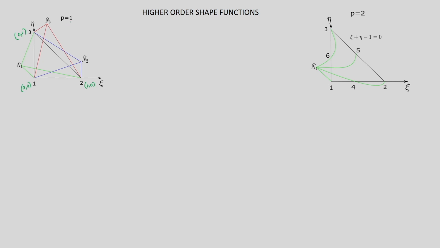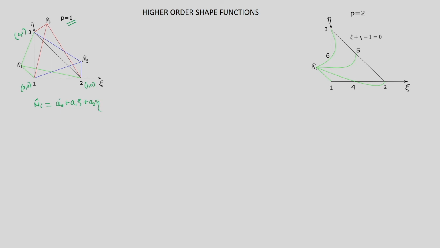So for p equal to 1, the definition of the shape function phi I, or since it is in the master element, let us use Ni hat, is basically comprising of a0 plus a1 xi plus a2 eta.